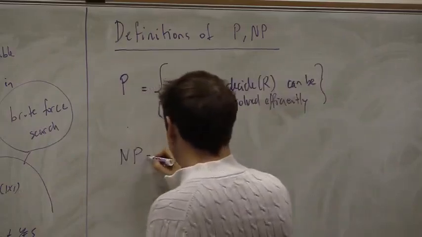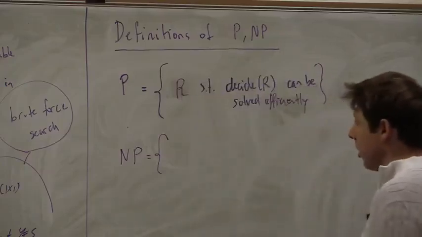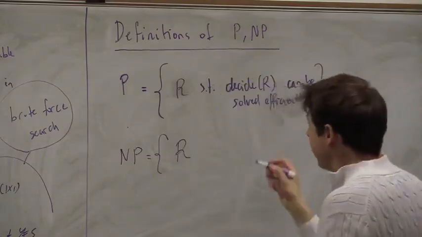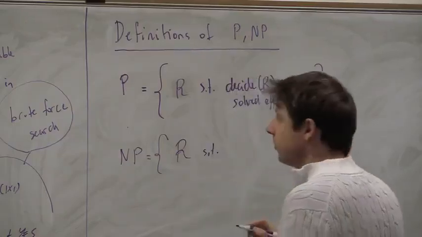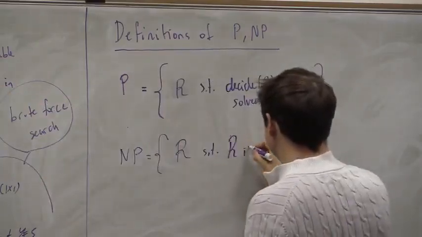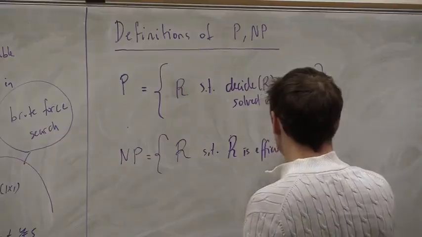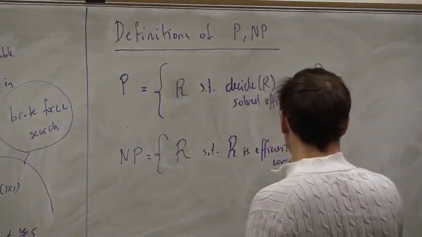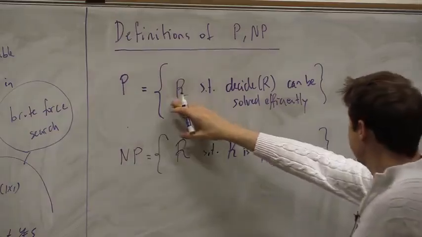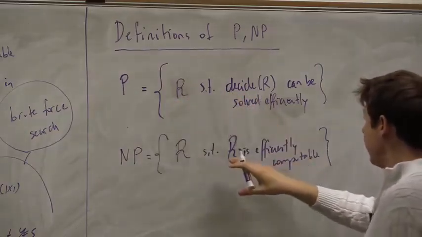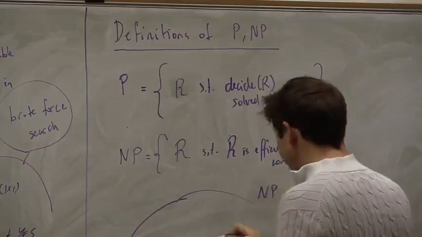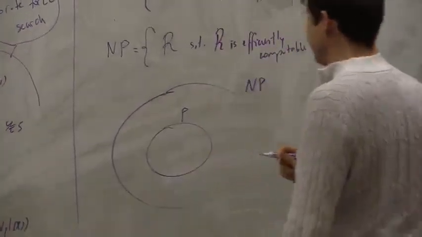NP is going to be all computational problems, so R. And that's it, or at least up to the technical condition that is important to include, that R is efficiently computable. Now clearly, if R can be solved efficiently, then R is efficiently computable. So that's why all P relations are contained in NP relations.